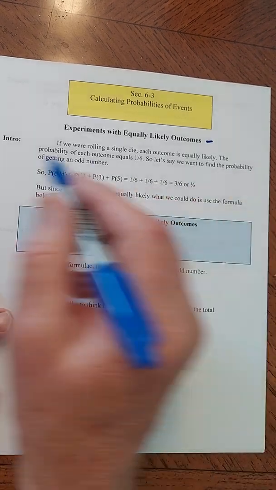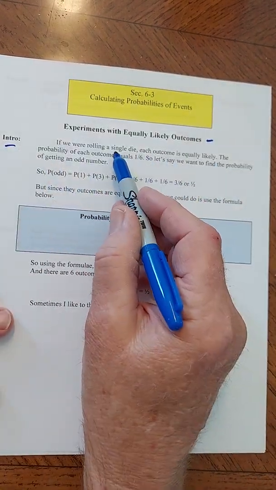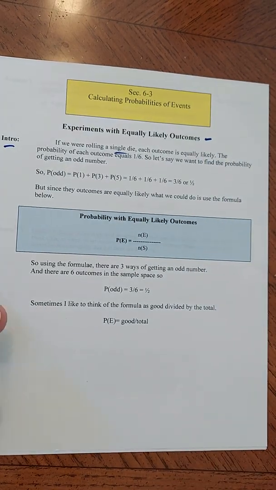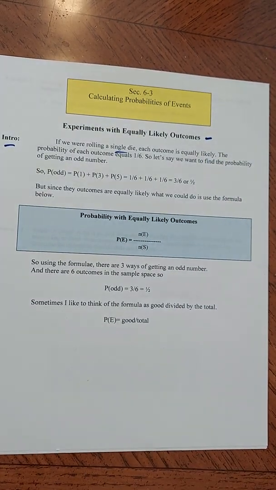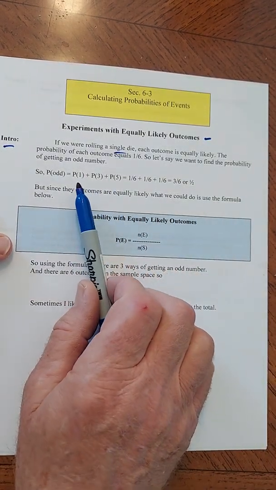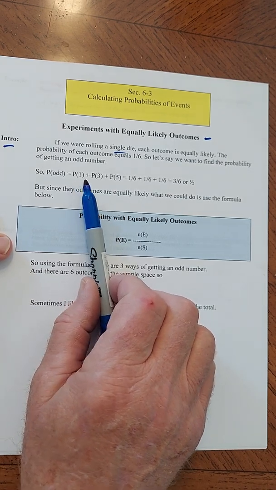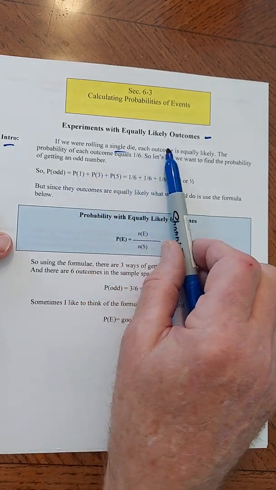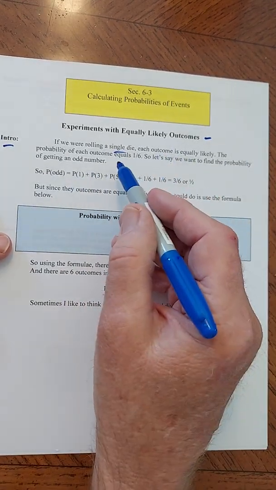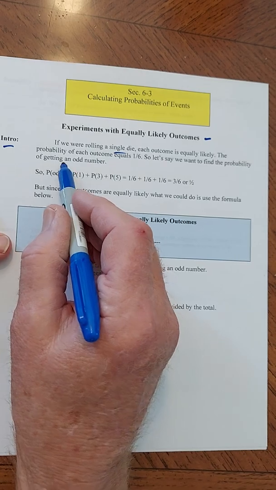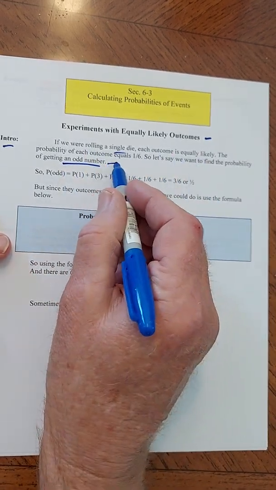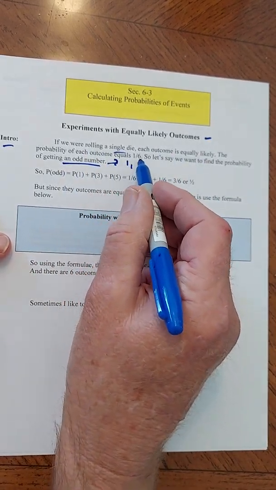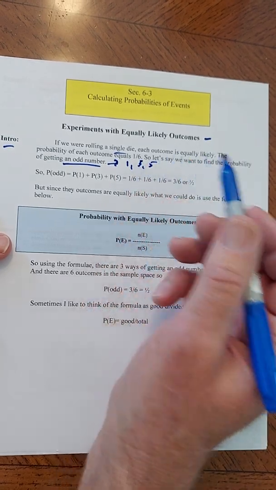Or if we look at my intro here, we're going to roll a single die, which means you've got 1, 2, 3, 4, 5, 6 different things that could come up. If we wanted to get an odd number, the probability of getting an odd one means we would come up with a 1, a 3, or a 5.